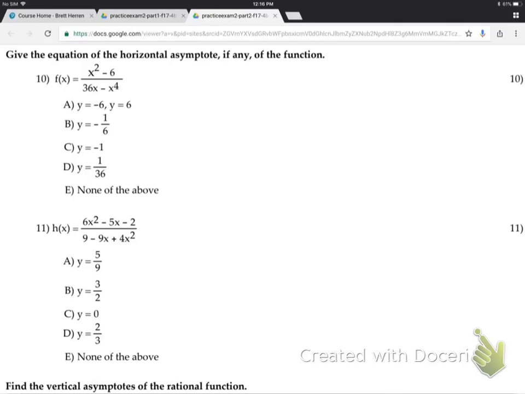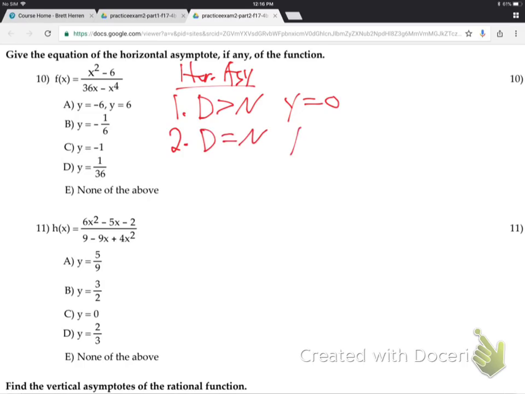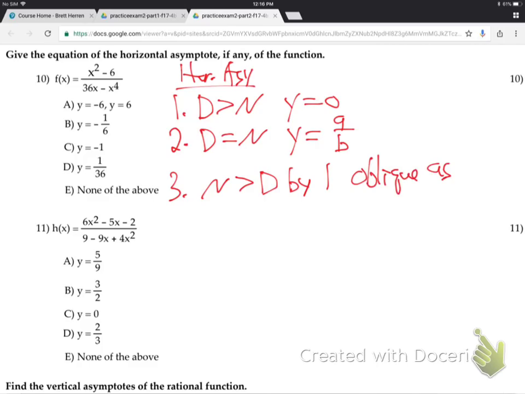One more time. For horizontal asymptotes, here it is. If the denominator is bigger, it's y equals 0. If they're equal, it's y equals a over b. If the numerator is bigger than the denominator by 1, then it's an oblique asymptote, meaning diagonal. Remember that?